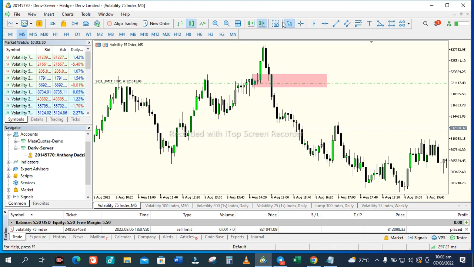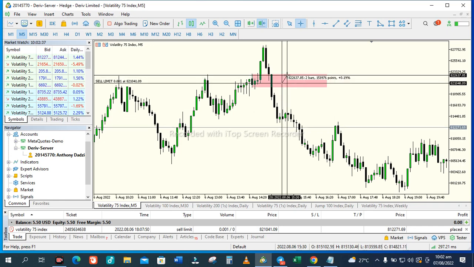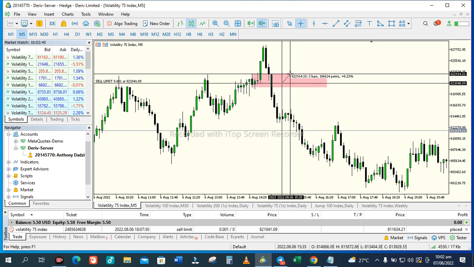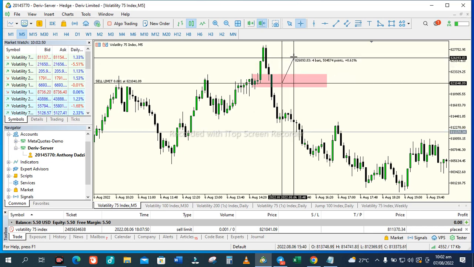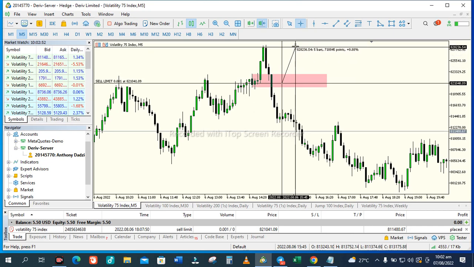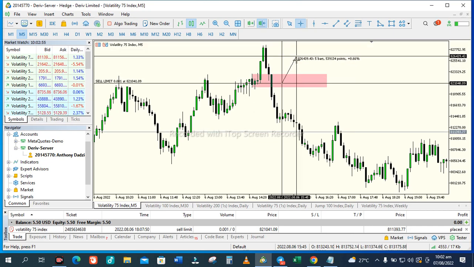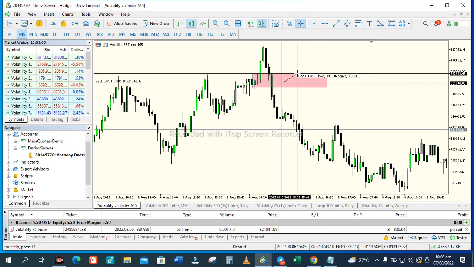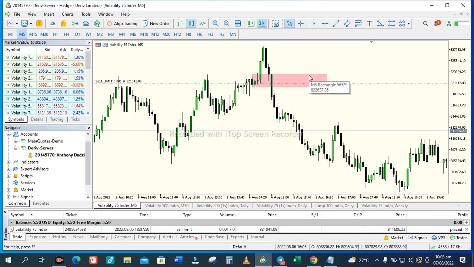So I placed my trade here and hope that I don't get stopped out if price moves all the way to this side. So my stop loss should be this.